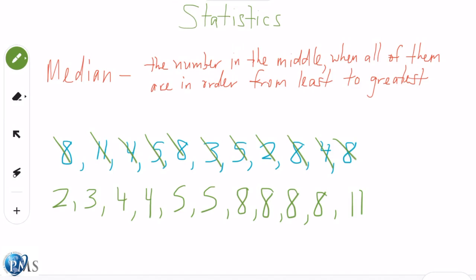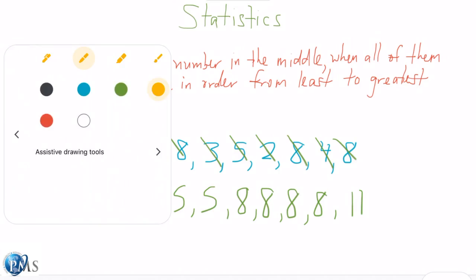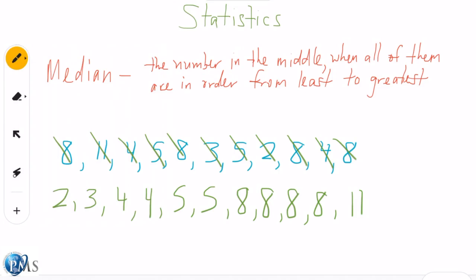Okay, so now the median says it's the number in the middle when they're in order from least to greatest. So what that means is we could go like this. I've seen people do this. To find the number in the middle, we could just cross off the first one and the last one, and the next first one and the next to last one, kind of like this. Okay, cross them out like that, and then we can't cross out anymore at this point.